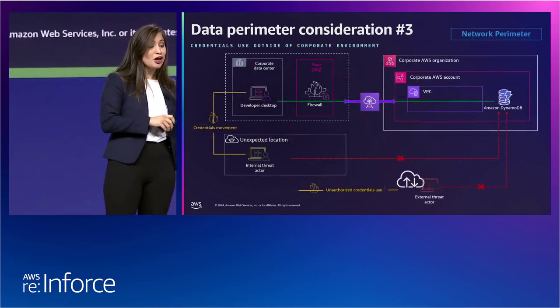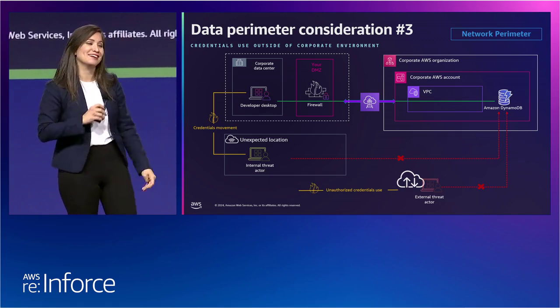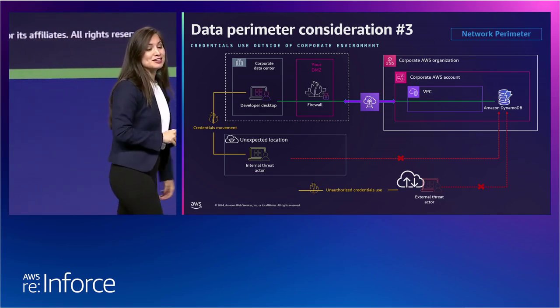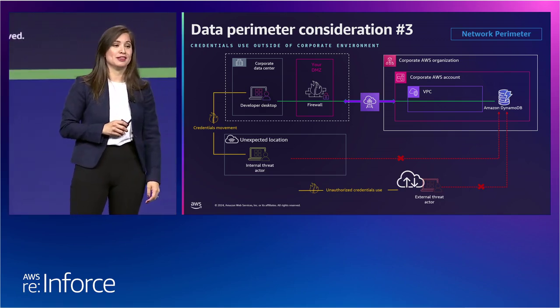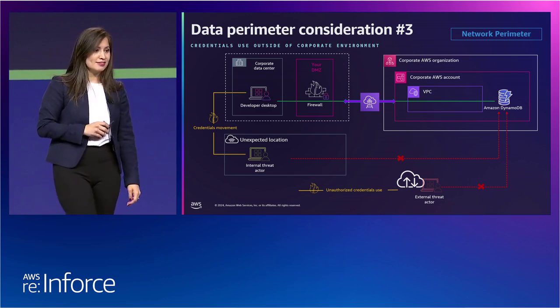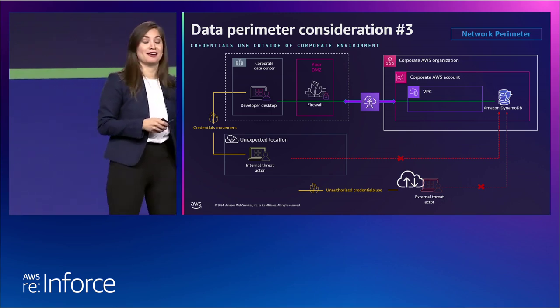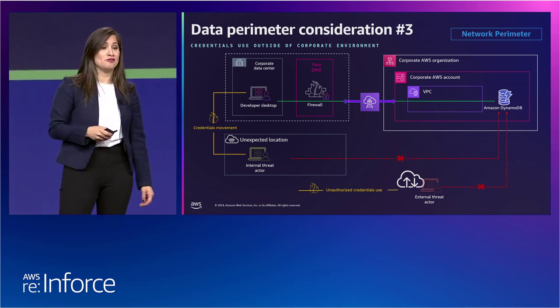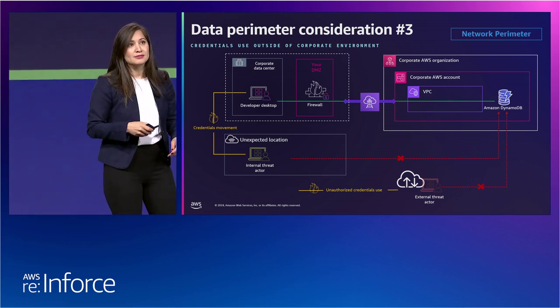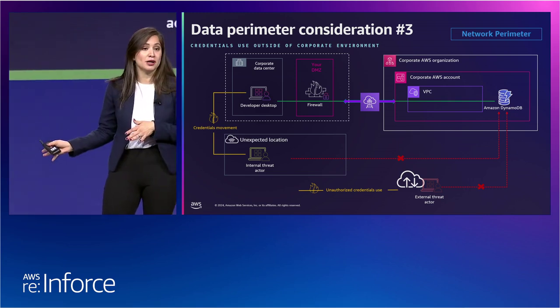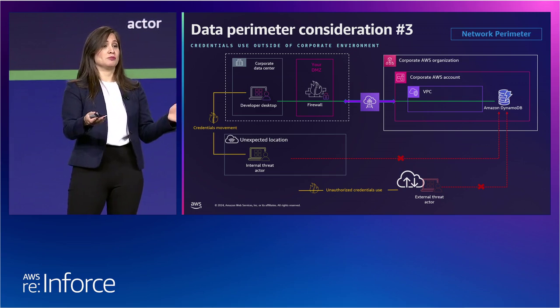Another probably very well-known consideration is credentials used outside of your corporate network. And this can happen in a few ways. I got to say that most of you are familiar, but it doesn't have to be this angry developer at this point. It can be any of your employees.